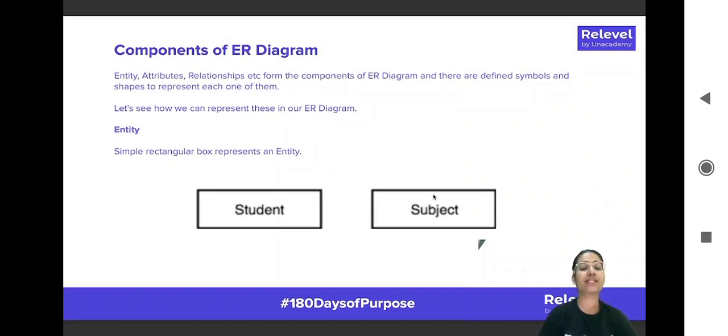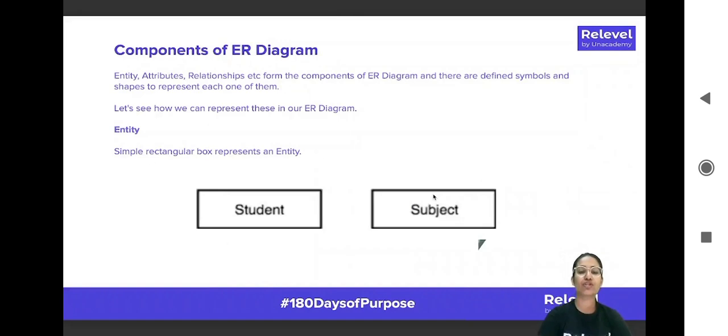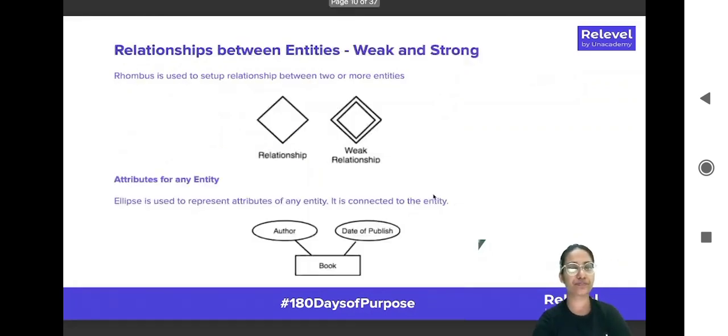Always remember that a simple rectangular box represents an entity, right? Here also you can see that whenever you use a rectangular box, it automatically means that you are representing an entity with that, okay? That is why here website, visitor, and developer are entities, and in the example shown over here, if you consider a school management system, students and subjects form the entities.